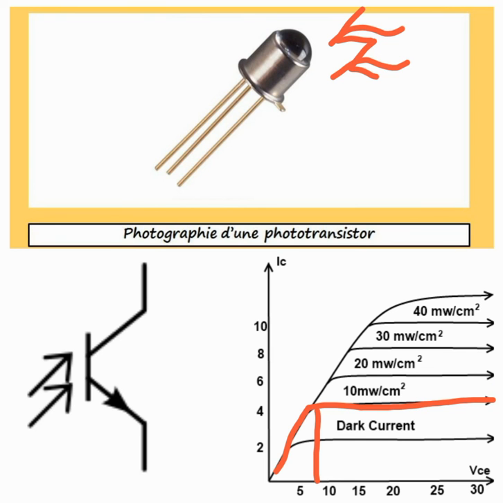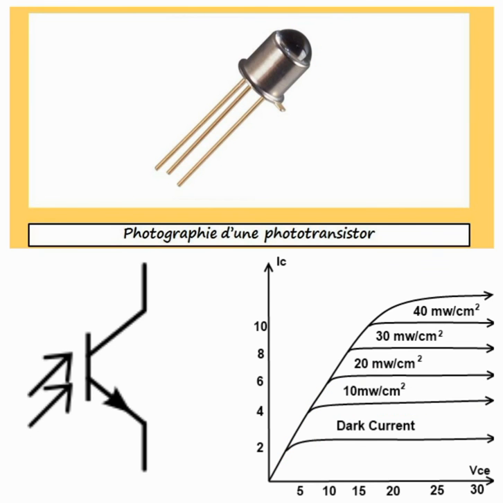The transistor is saturated, and the power of the light is 10 milliwatt per centimeter square. Depending on how much area of the phototransistor is exposed to the light, the power of the incident light can be calculated, that is 10 milliwatt per centimeter square.